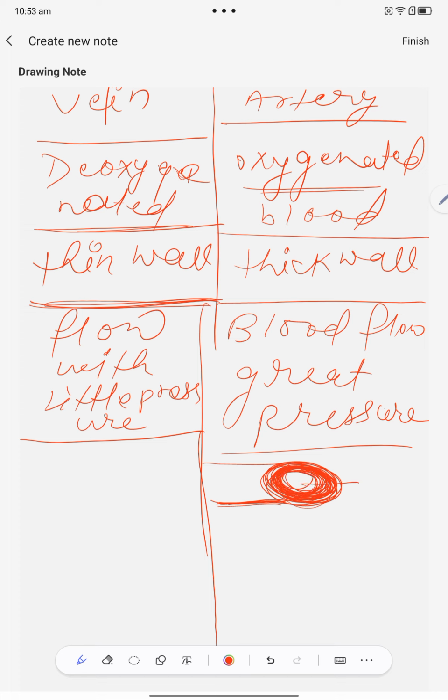So this is narrow, that is, a small lumen in the case of artery. And you can say a wider lumen in the case of veins.